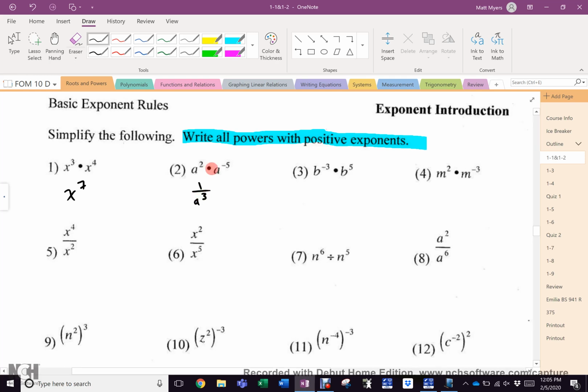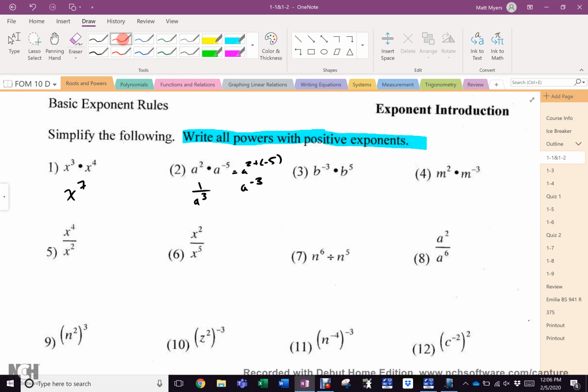Excellent. Because 2 reasons. 1, you could just memorize exponent laws, which is all you need to do this whole page. And exponent law 1, the very first exponent law we had, says if you have 2 of the same base and you're multiplying them, you add the exponents. 2 plus negative 5 is a to the negative 3. Then exponent law 7 says negative exponents cannot exist.